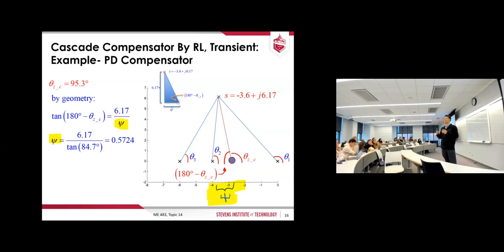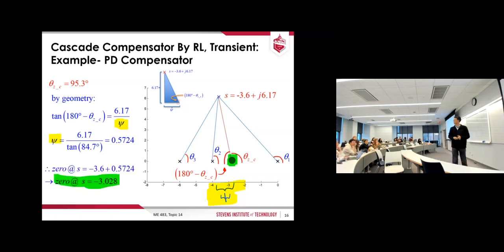Or what number plus what number? 0.5724 minus 3.6? Do you agree? Yes. So that's your new zero position, at negative 3.028. That is this position.